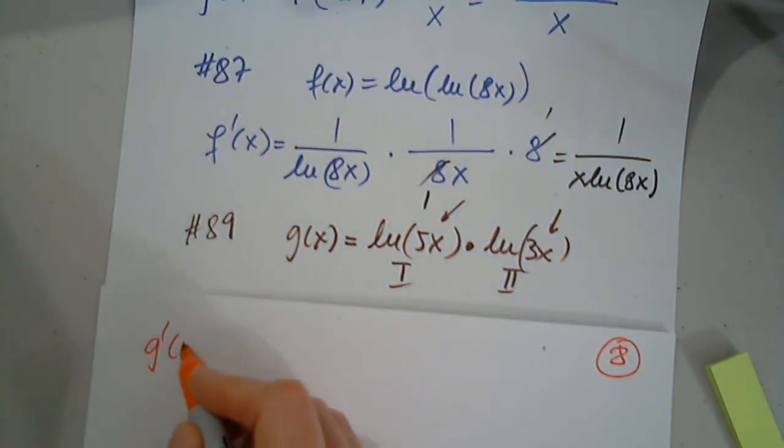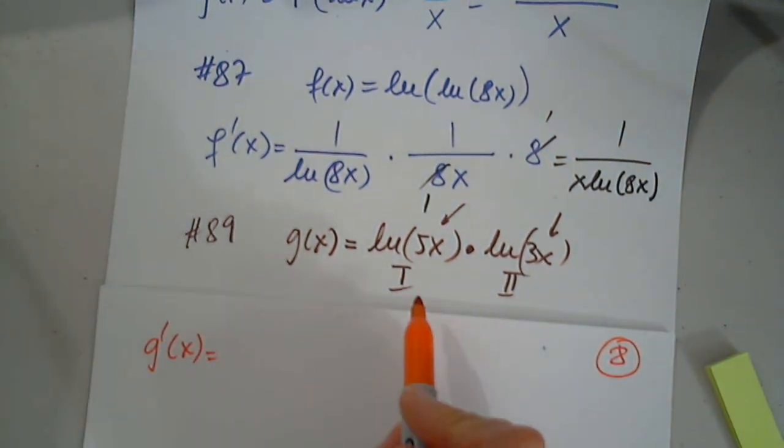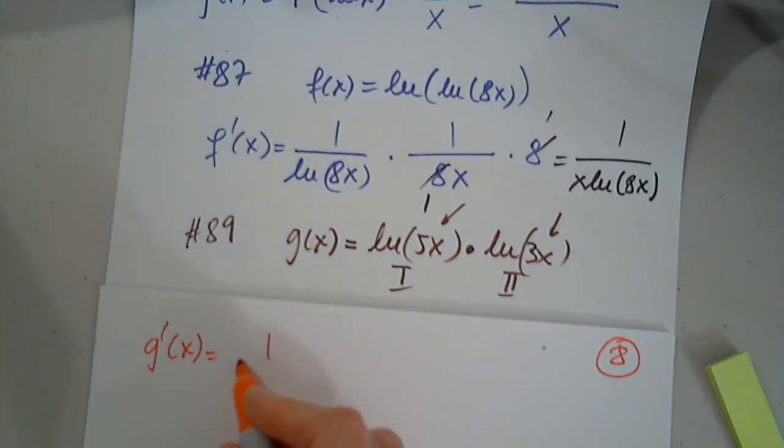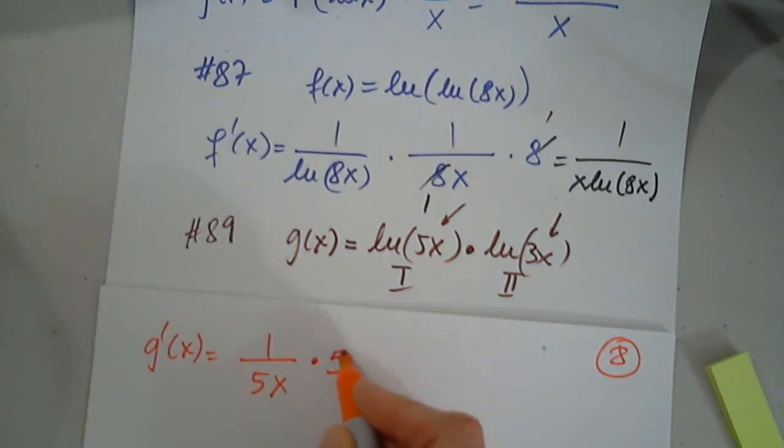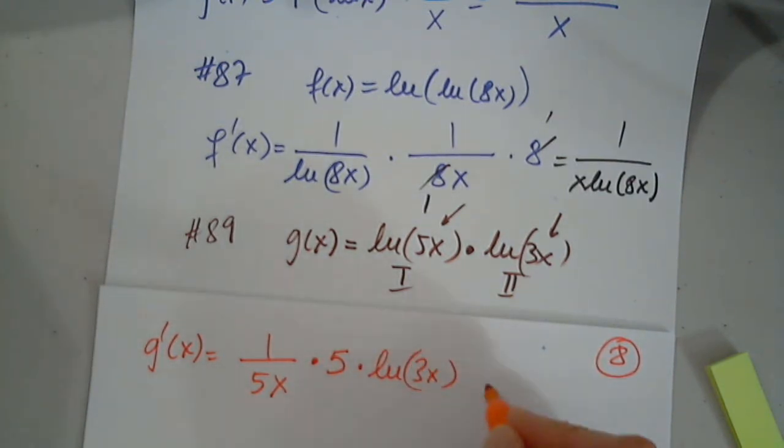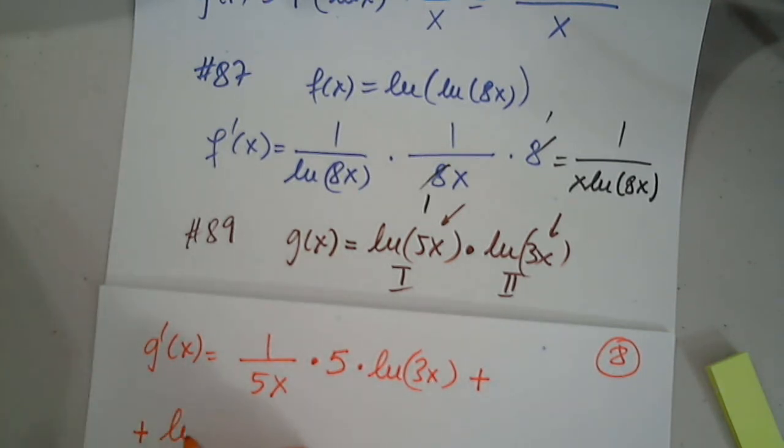So g prime, the first function, prime, is 1 over 5x times the inner function prime, which is 5, and times the second one, plus, I don't have enough room, so I'm going to continue here, plus, copy the first function times the second one prime, which is 1 over 3x, times the inner function prime, which is 3.